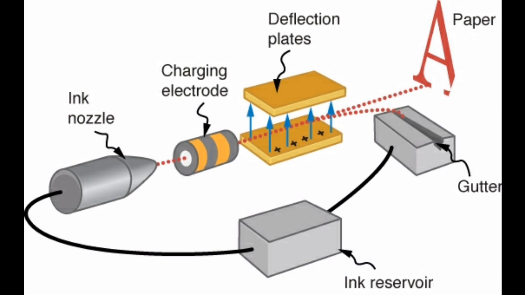Once charged, the droplets can be directed using pairs of charged plates with great precision to form letters and images on paper. Inkjet printers can produce color images by using a black jet and three other jets with primary colors, usually cyan, magenta, and yellow, much as a color television produces color. This is more difficult with xerography, requiring multiple drums and toners.